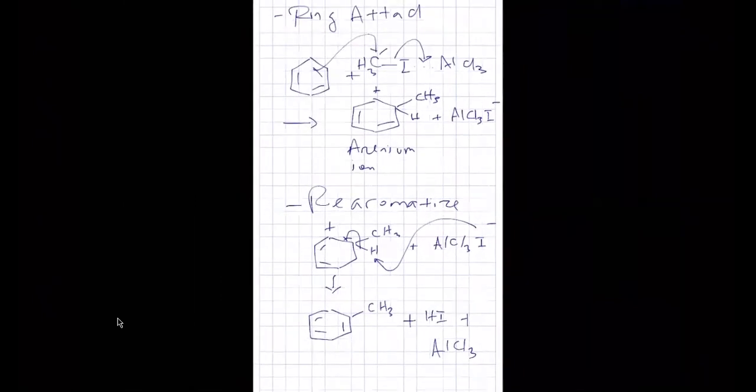All these mechanisms have the same 3 steps. You prepare the electrophile, the ring attacks the electrophile, and then you re-aromatize. Which step do you think is rate determining? It's the slow step.